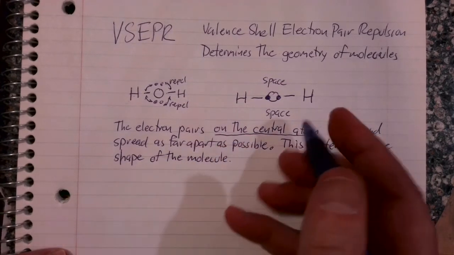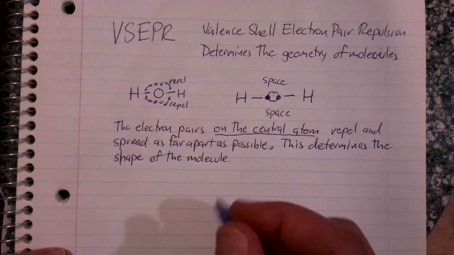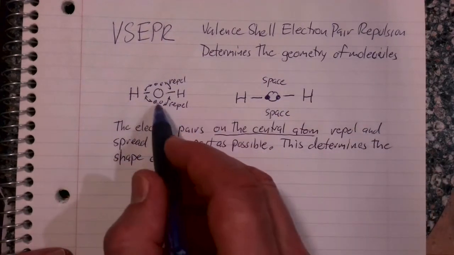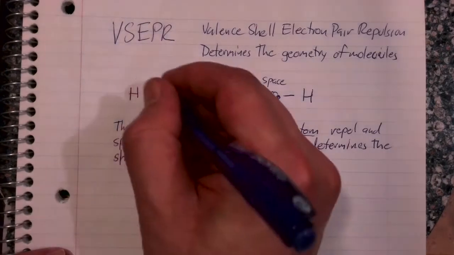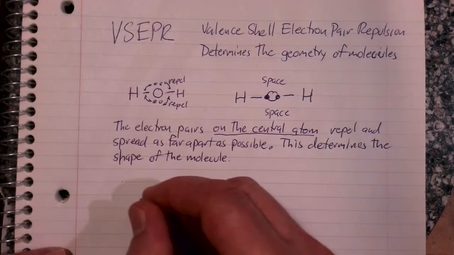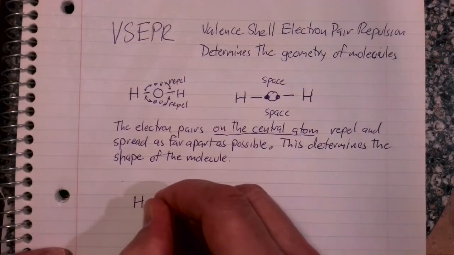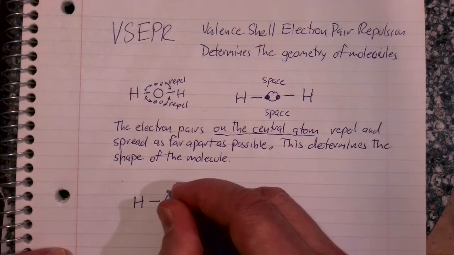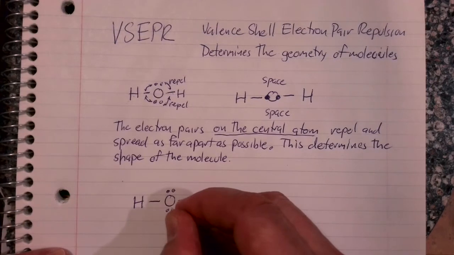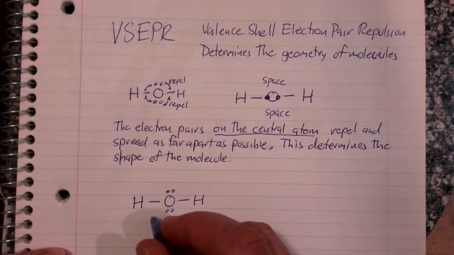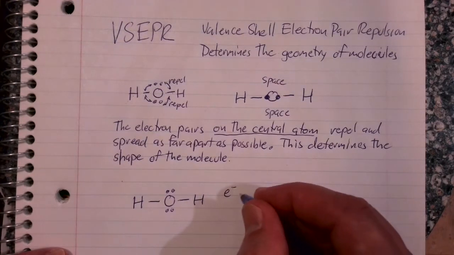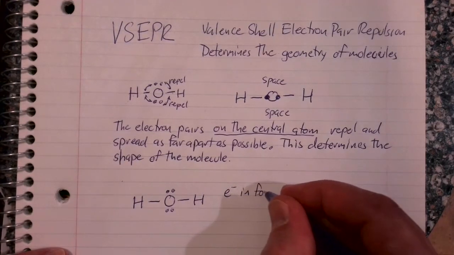Okay, so let's look at water again. If I have four pairs of electrons around the central atom, right? I can think of this as being four groups of electrons repelling each other. Okay, so I've got two bonding pairs, right? I've got electrons in four different directions.